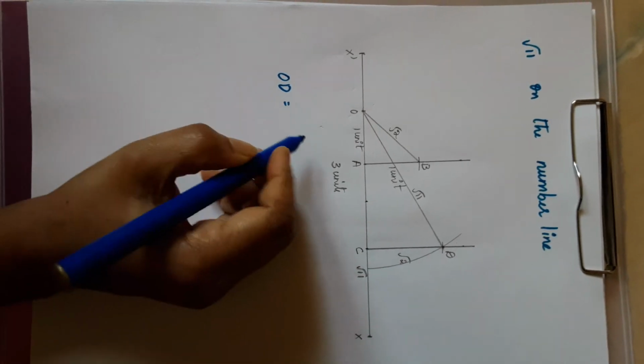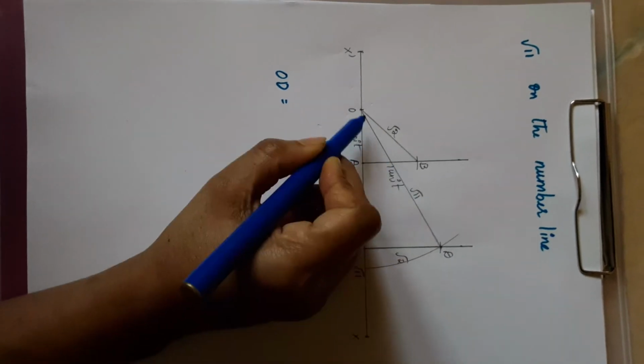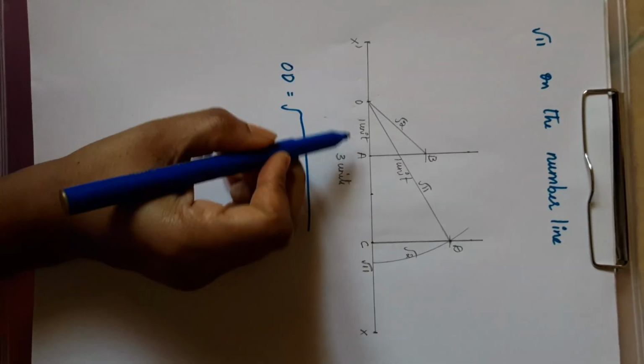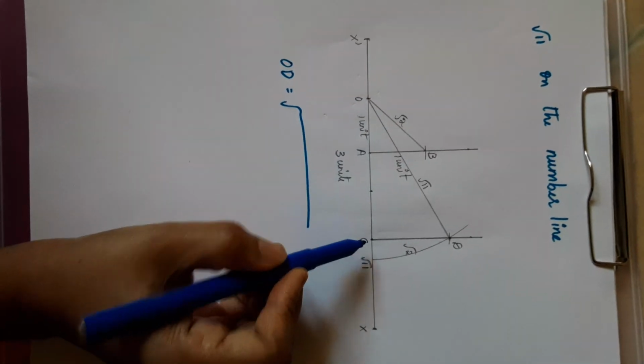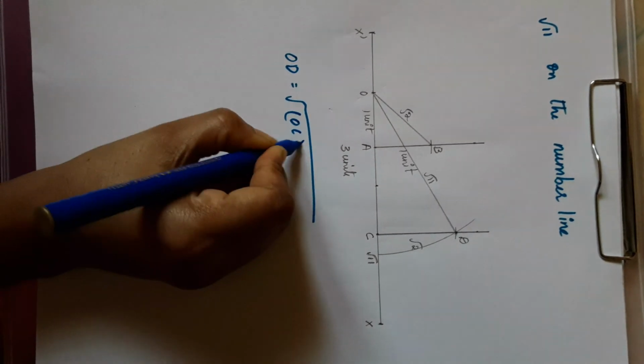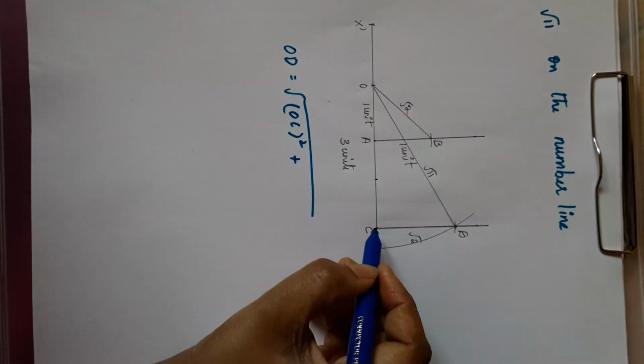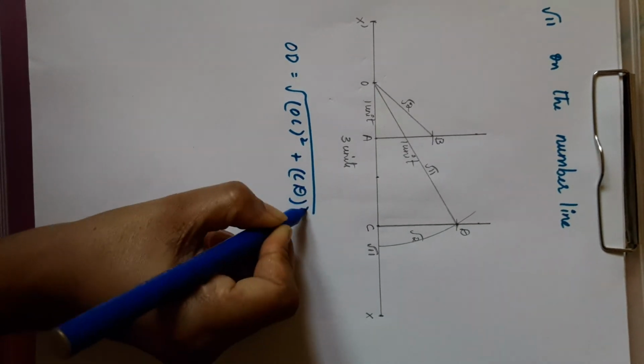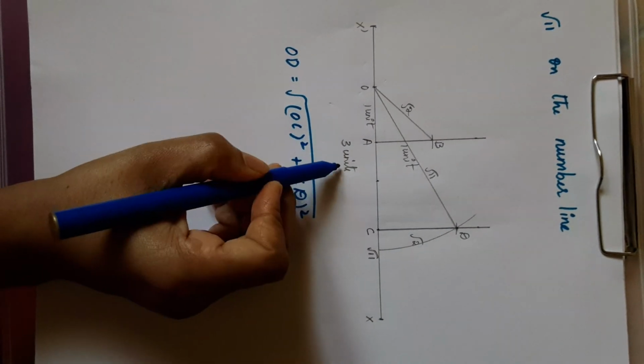OD is equal to, we have root 11 on the OD line. So OD is equal to the square root of OC whole square plus CD whole square. OC is 3 units.